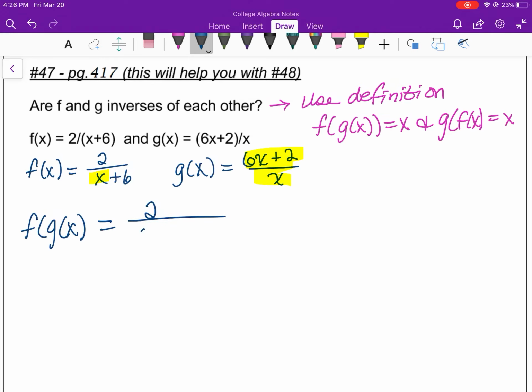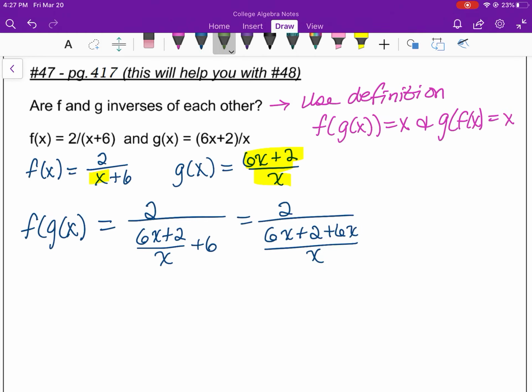And what I'm trying to do is manipulate this to where I get x back for an answer. Okay, common denominator there on the bottom. So I've multiplied here by x over x. All right, well, I have 12x plus 6 over x.